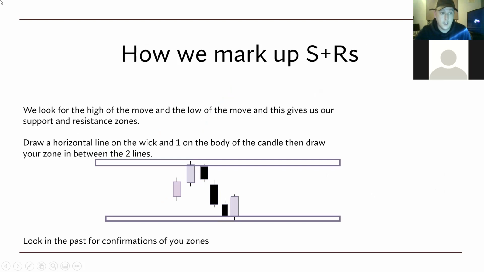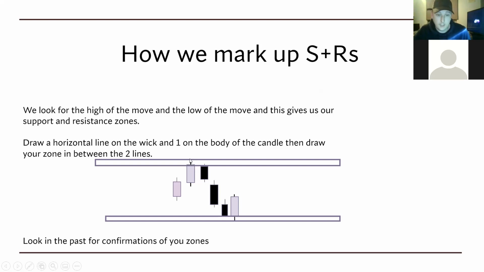Now, how we mark up our support and resistance is that we generally look for the high and the low of the move, and then this gives us our support and resistance zones. So to draw this, what I normally do is draw one horizontal line to the wick.